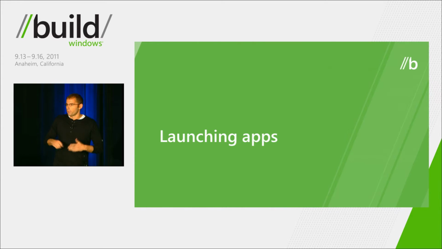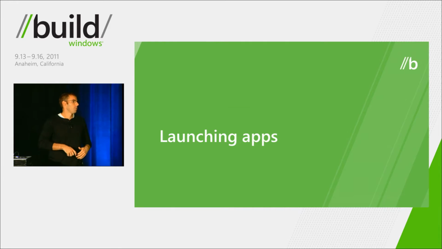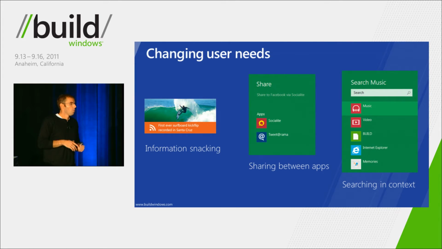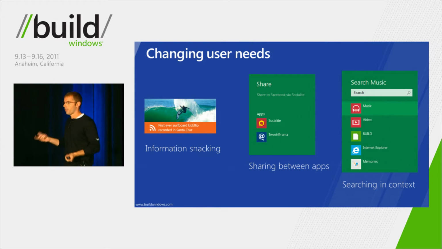So now you're familiar with the lifetime model, but let's talk a little bit about the beginning of the life cycle. What happens when you launch an application? Well, when we were planning Windows 8, we saw an evolution of user desires, and Jensen talked a lot about this yesterday. We have the information snacking scenario, where users like to get a lot of information very quickly, which was one of the motivators behind Tiles.